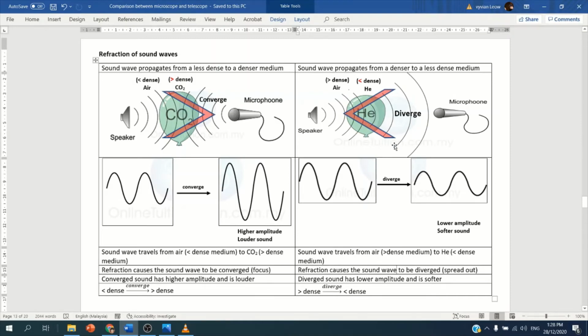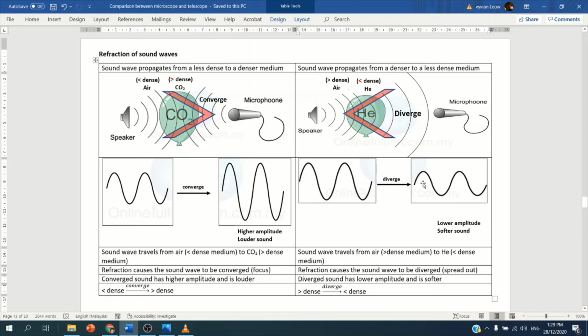Spread out means it diverges. So when sound wave travels from a denser to a less dense medium, refraction causes sound wave to diverge. Diverge means spread out, right? So when it spreads out, the amplitude decreases. So the sound wave has a lower amplitude, meaning it is softer.